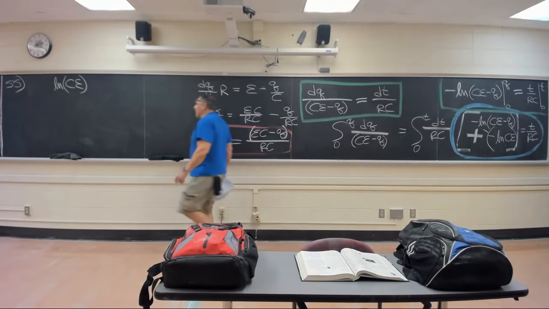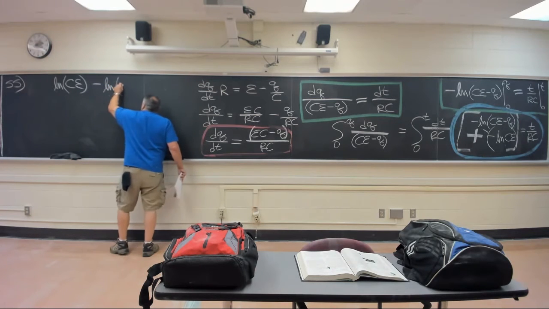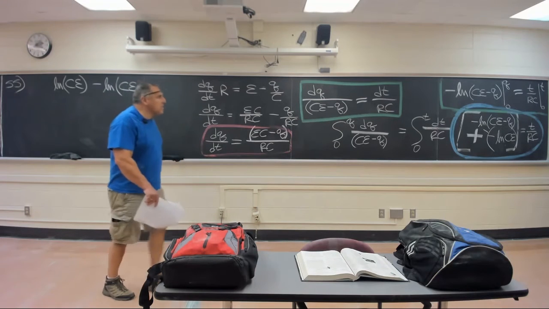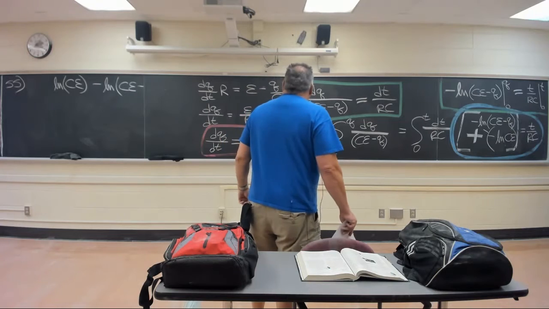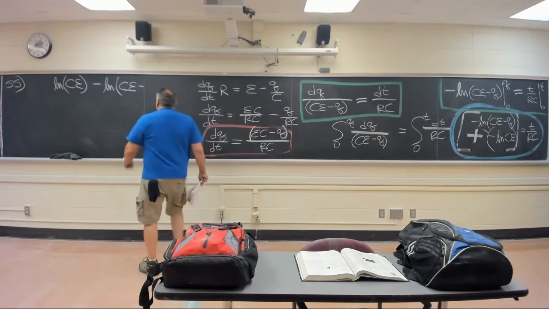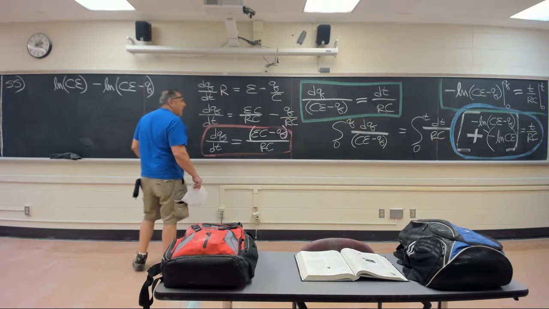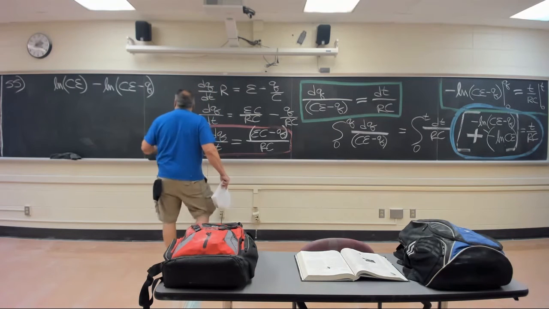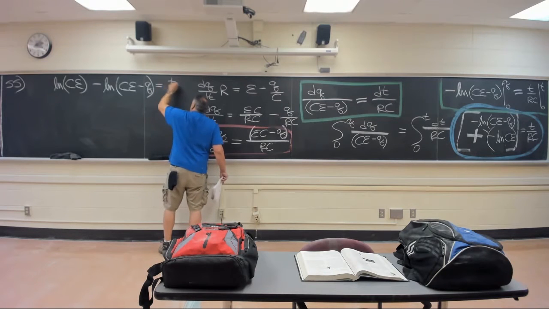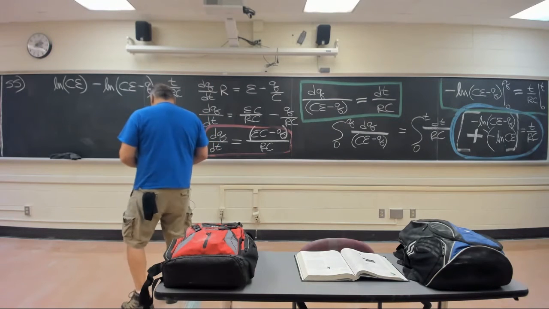So maybe it's a little easier to look at that way. So plus a negative, or just minus ln ce minus q. So let's just quickly see that. Right, exactly. And that's going to be equal to t over RC.